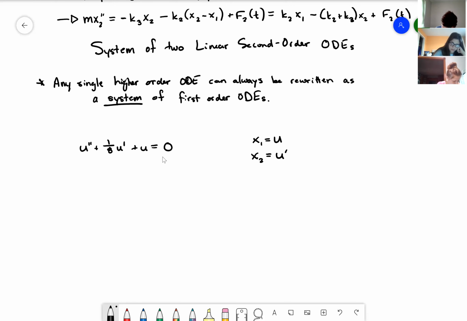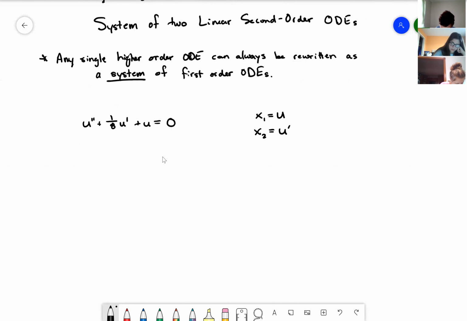If we want to write this as a system of first order ODEs, then, well, let's write in the opposite order. When we do first order ODEs, we tend to write the derivative by itself on the left-hand side. So x1 prime equals x2.